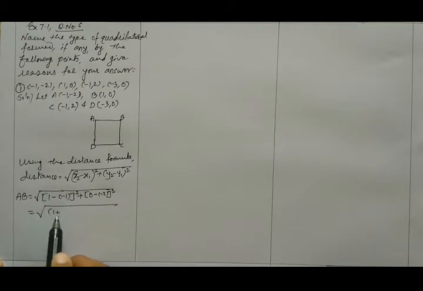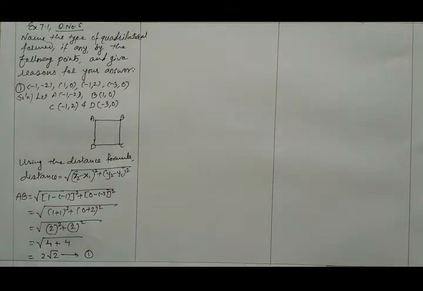So 1 plus 1, that is 2 square, and 0 plus 2, so 2 square, so this is nothing but 4, and this is also 4, so under root 8, which is 2 root 2. You call this result number 1.